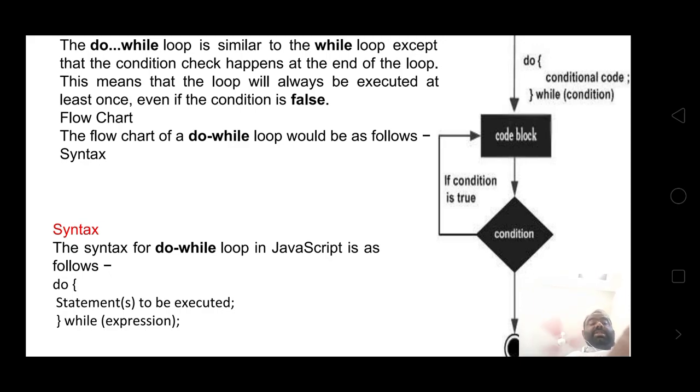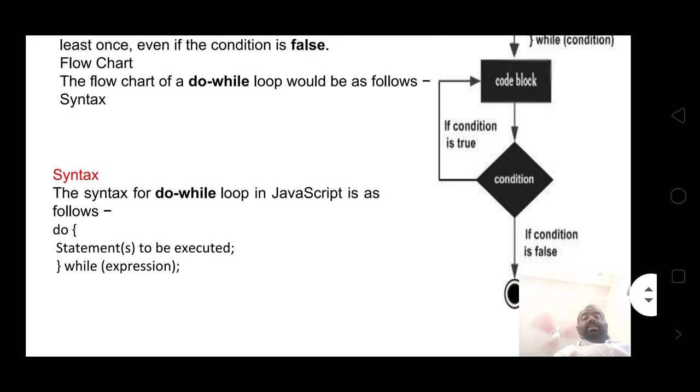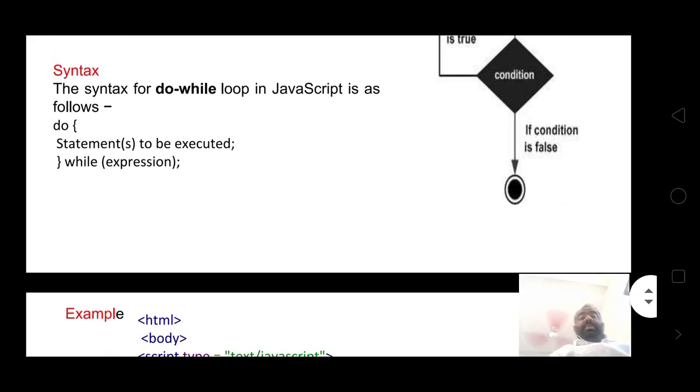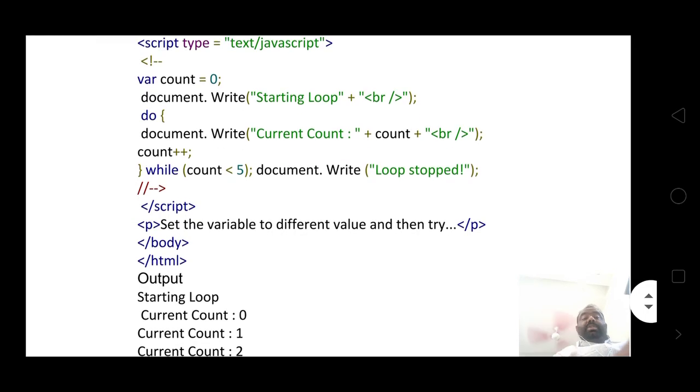If the condition is false, exit from the looping. If the condition is true, again the code block is executed. Syntax for do while: do statements to be executed while expression. This is the example.